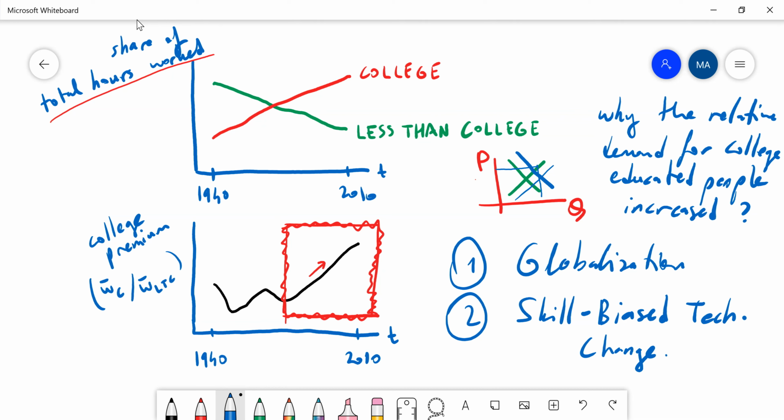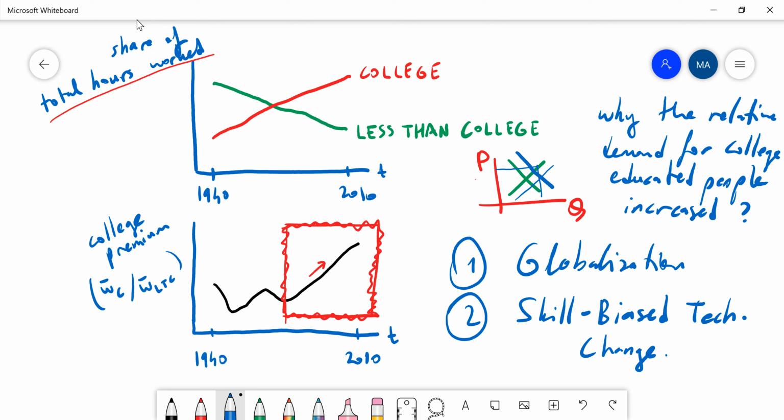So they don't produce clothing, for instance, because clothing is relatively more labor-intensive compared to the airplane industry, right? If you want to produce airplanes, you need mechanical engineers and aerospace engineers, etc. So globalization itself seems to have affected the relative demand for college-educated people, because it decreased the demand, the absolute demand, for people with less than college education.